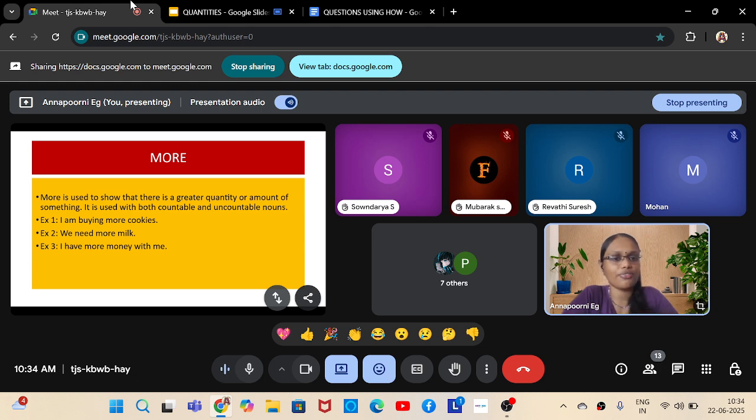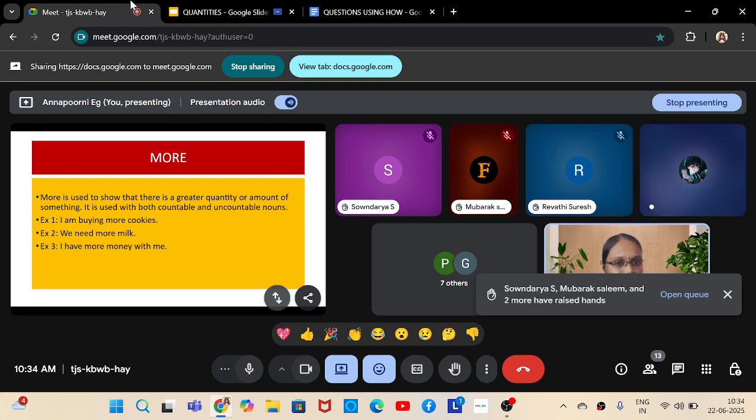What do we generally call cookies? Yes, Fauzia. Biscuits, ma'am. Exactly. Biscuits are called cookies. Actually, in British English they call them biscuits, and in American English they call them cookies. That is the only difference.